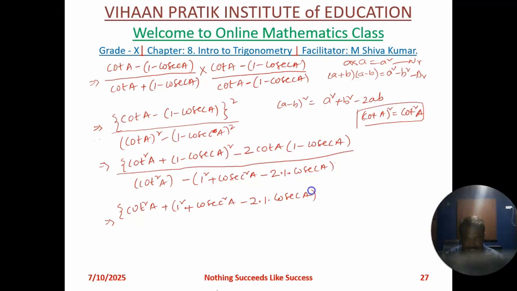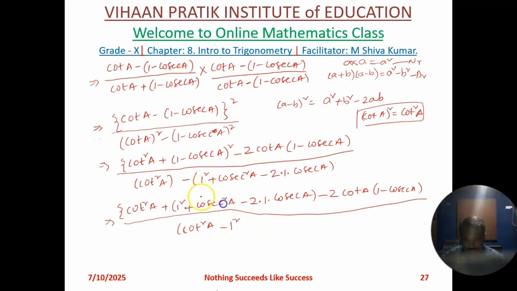Same what we have written in the denominator we have repeated in numerator, minus 2 cot A into 1 minus cosecant A whole divided by cot square A minus 1 square plus into minus cosecant square A, minus into minus plus 2 into 1 is 2, 2 into cosecant A is 2 cosecant A.